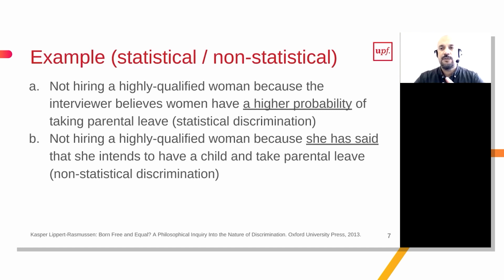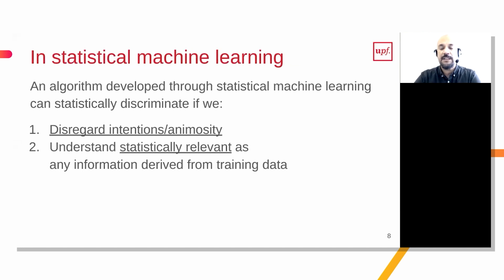So so far we see that there is general discrimination, then inside discrimination there is group discrimination, and inside group discrimination there is statistical discrimination. And in statistical machine learning, an algorithm developed through a statistical learning process can discriminate. We just need to consider two elements.